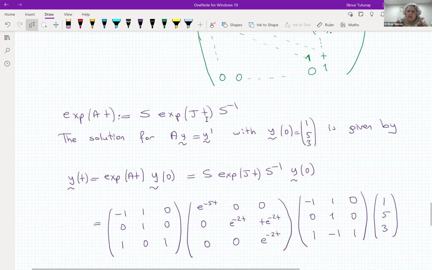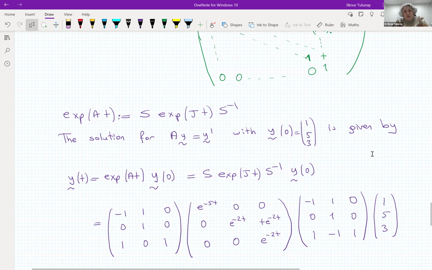This matrix is S, and exponential Jt we've just calculated above, plugged it in, and S inverse, just found it, plugged it in, and this is the initial vector, plugged it in. All we need to do is just calculate this multiplication. This will give us a solution space with the initial values.